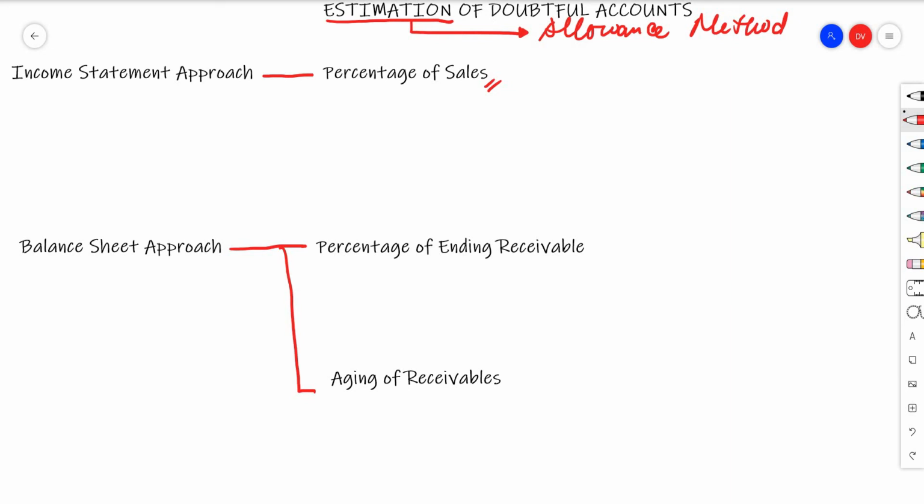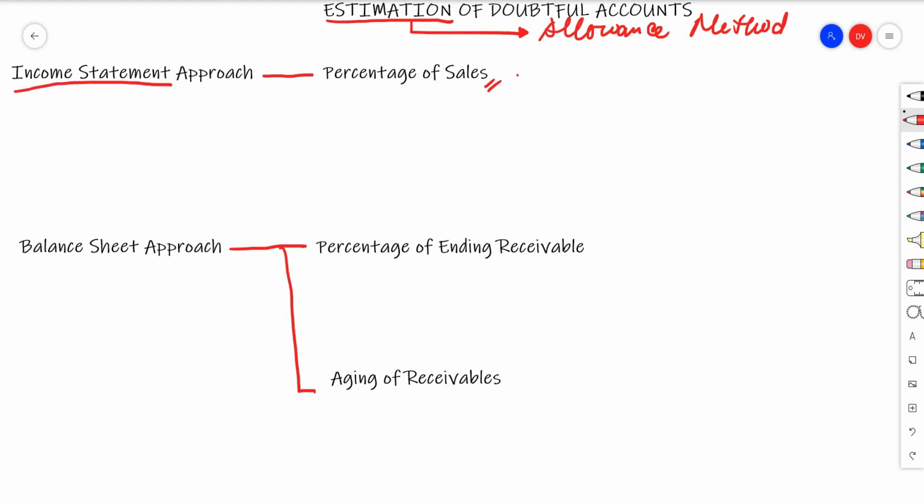Okay? Now, how do I determine that it is the income statement approach? If the problem says that you estimate the doubtful accounts by multiplying a percentage of your credit sales, or net sales. The idea is that an income statement account is used.